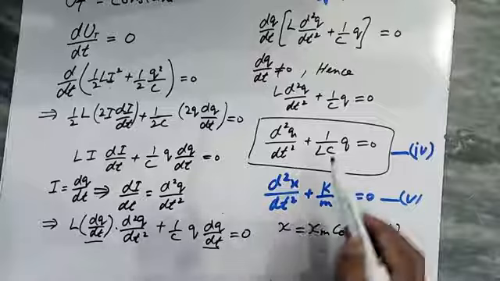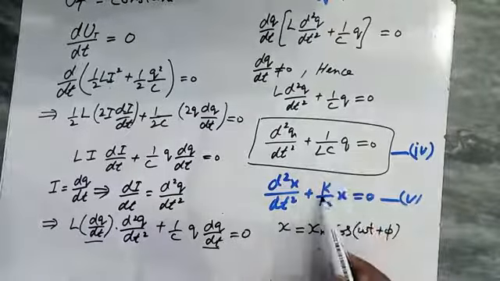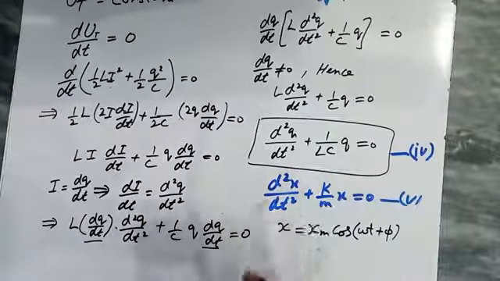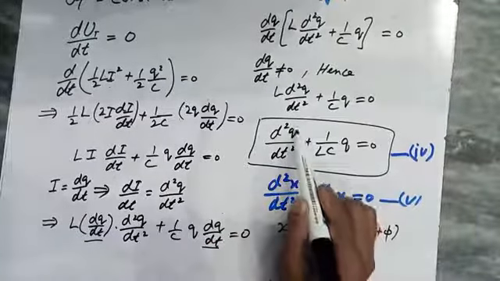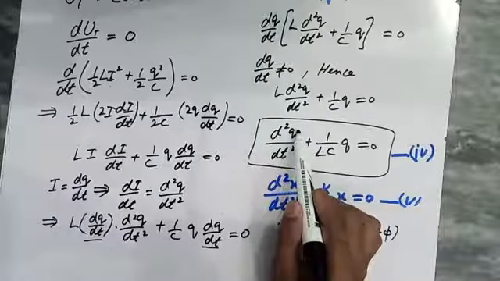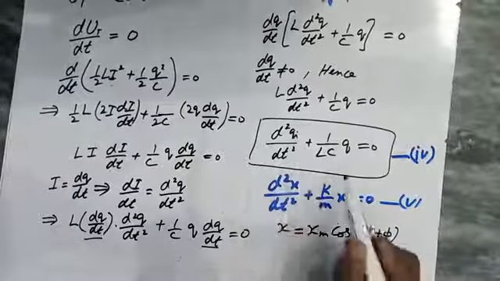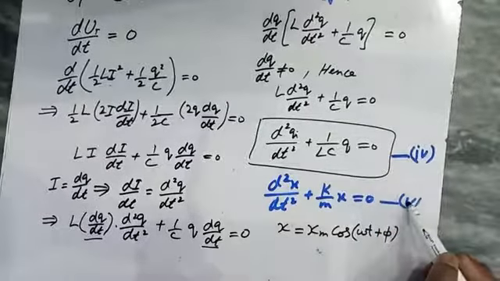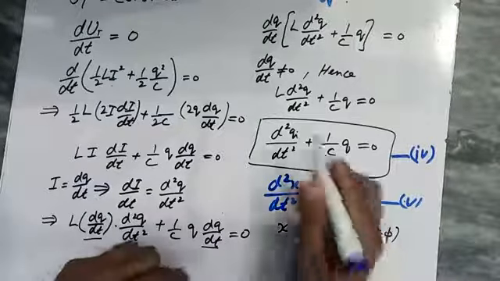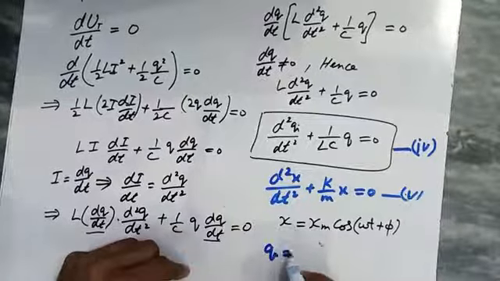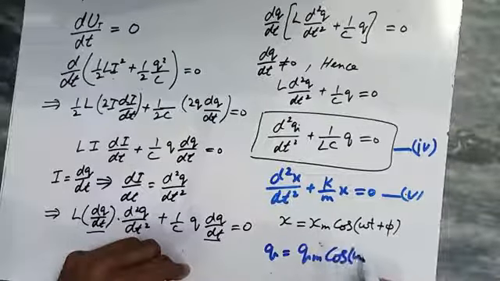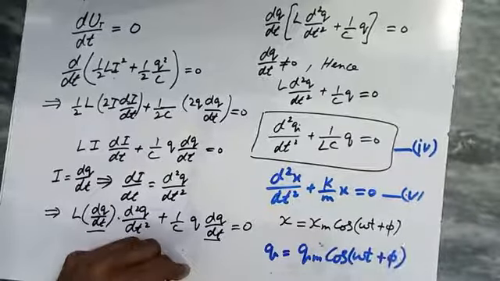Since this equation is similar to equation 5, equation 4 and 5 are similar, only difference is this variable quantity. Here variable is x and here variable is charge Q. So comparing equation 4 with equation 5, I can write solution of equation 4 as Q is equal to Q_m cos(omega t plus phi).